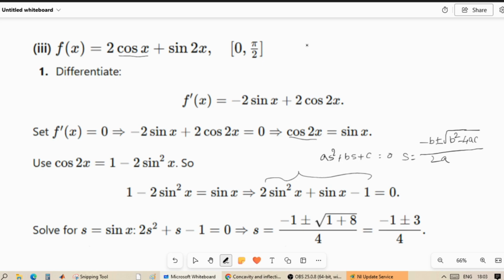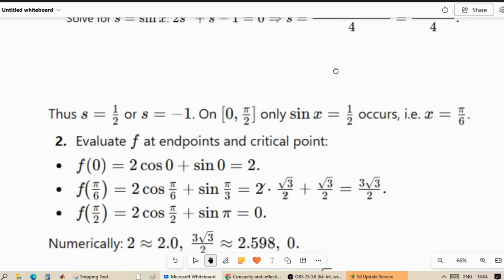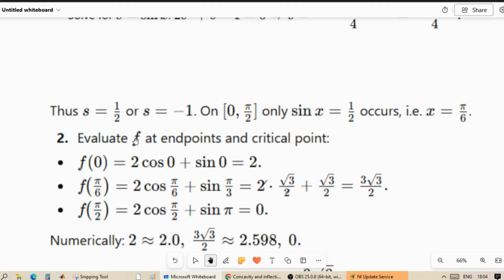Then s equal to minus b, where the coefficient of this term is 1. So that is minus 1 plus or minus square root of b square minus 4ac. 4 into 2 into minus 1, that is b square minus of minus 8, that is 1 plus 8, and the square root of 1 plus 8 equals 3. So that will be minus 1 plus or minus 3 by 4. Then s equal to 1 by 2 or s equal to minus 1.